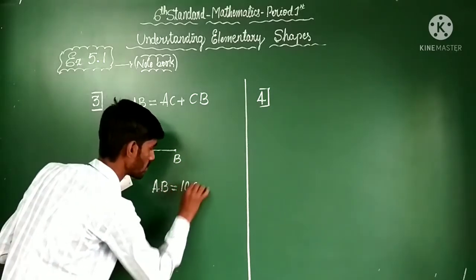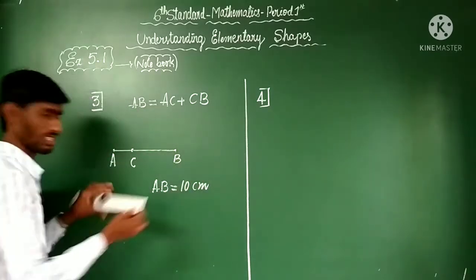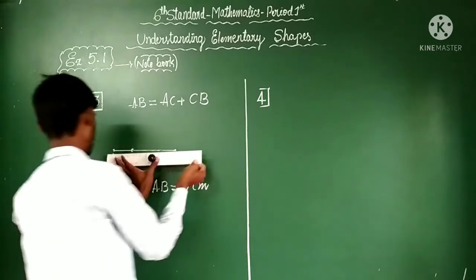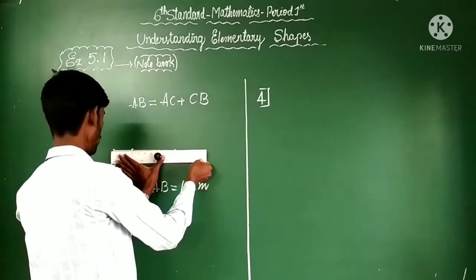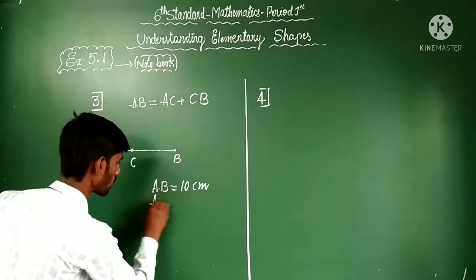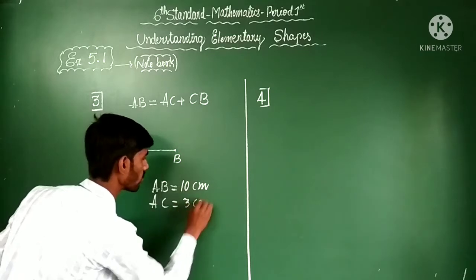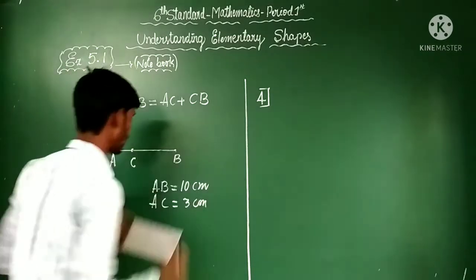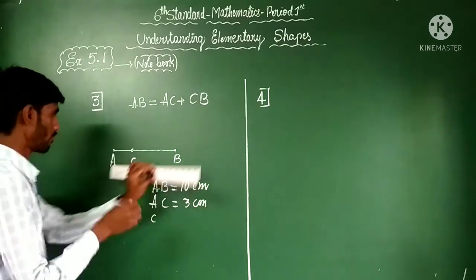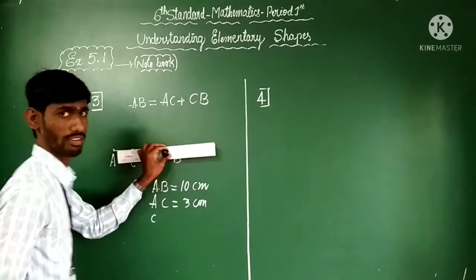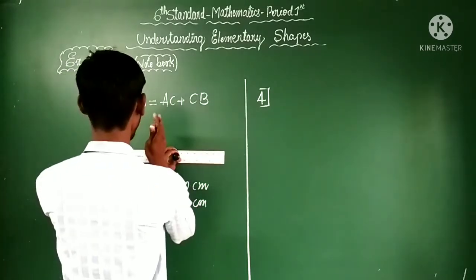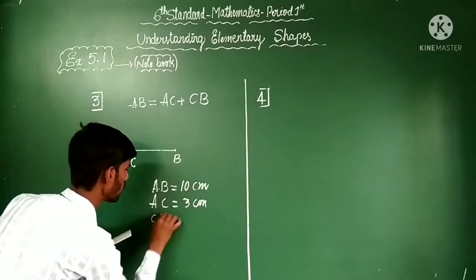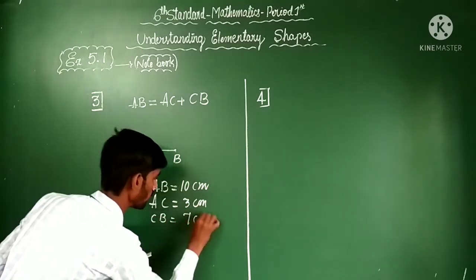Measurement of AB is 10 centimeter. What is the measurement of AC? Dear children, let us find. Yes, AC is 3 centimeter. Okay, what about CB? Yes, CB is 7 centimeter. Just mark properly. Observe carefully and you should be straight to your notebook. Clear? CB is equal to 7 centimeter.